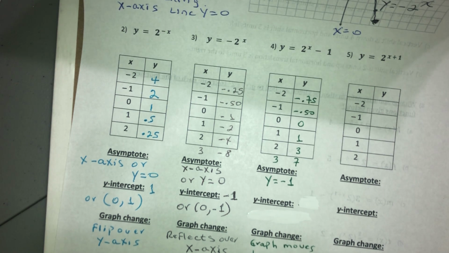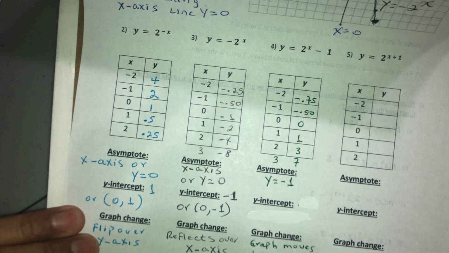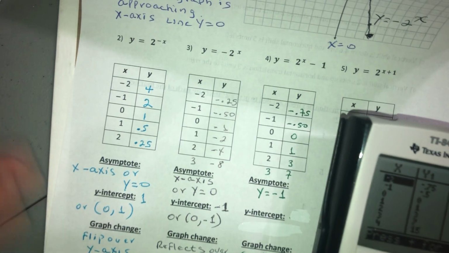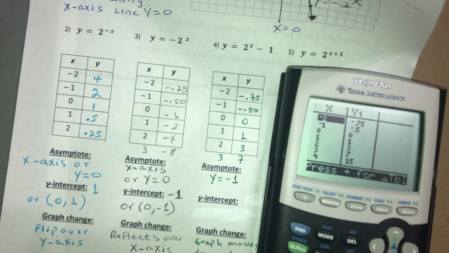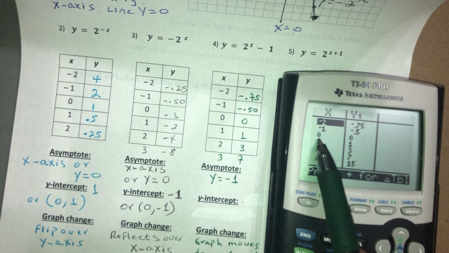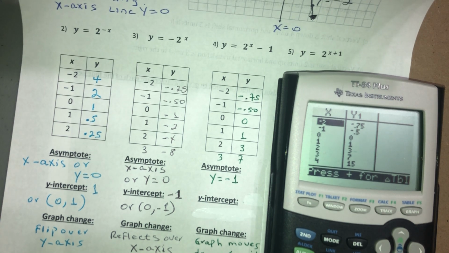You see what I mean? I made a mistake, you can make a mistake too. If I wouldn't graph this in the calculator, I would be wrong. That's why it's very important to graph and find the numbers from the table. Because when x is 0, y is 0. So my y-intercept is 0.